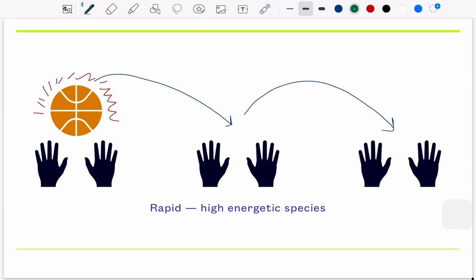This basketball here, we call the high energetic species, which has a high energy level. That means it's going to walk around, passing the ball really fast to every person that it finds. And this is what is going to happen in the chain growth. So it's going to be really, really fast.